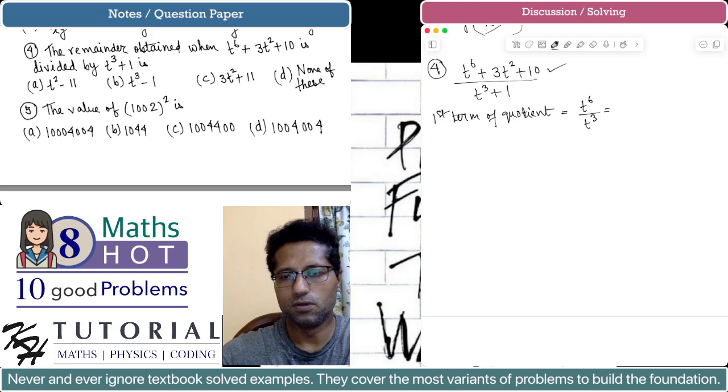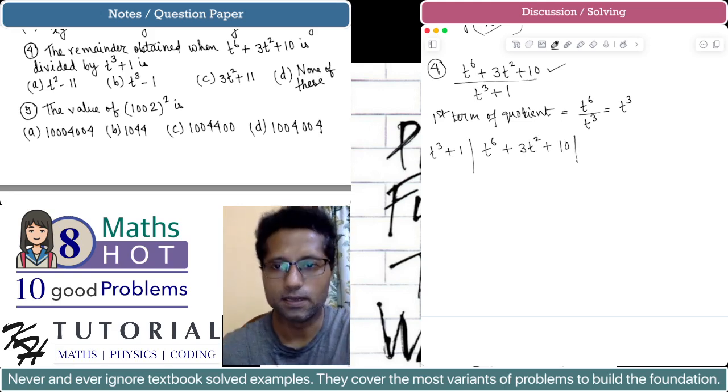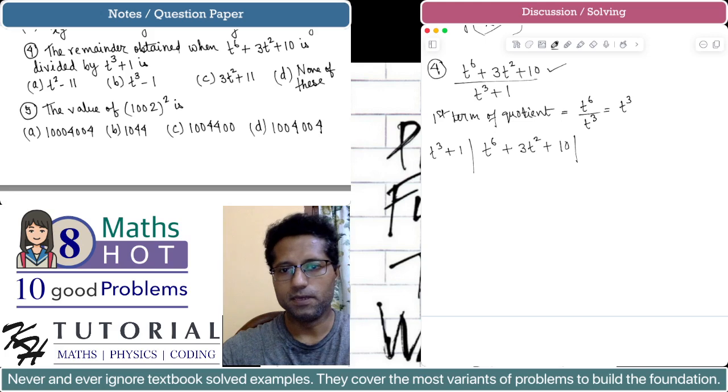This is equal to t cube. Hence, let's start the long division method, and we have the dividend as t to the power 6 plus 3t square plus 10.